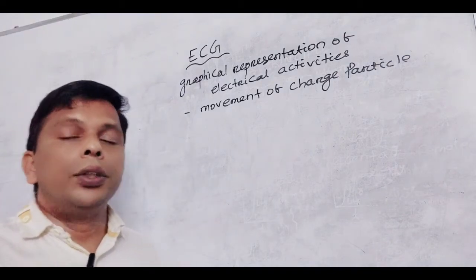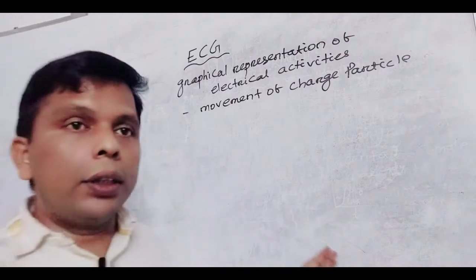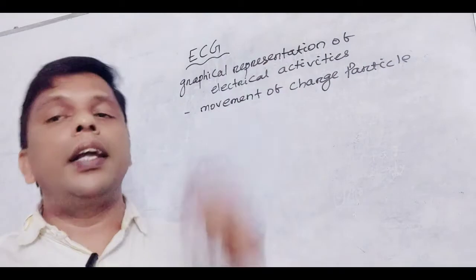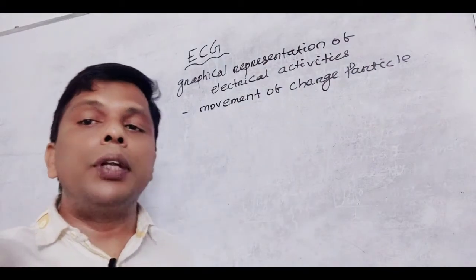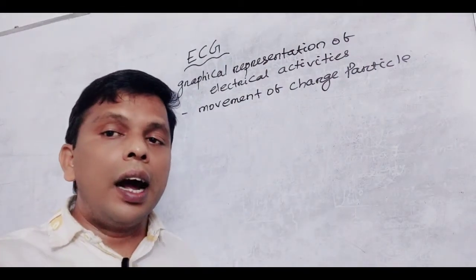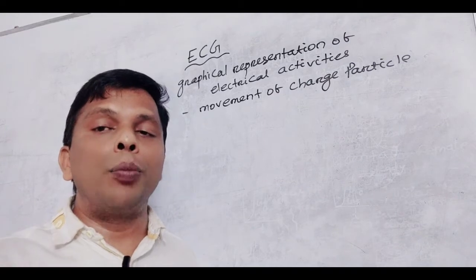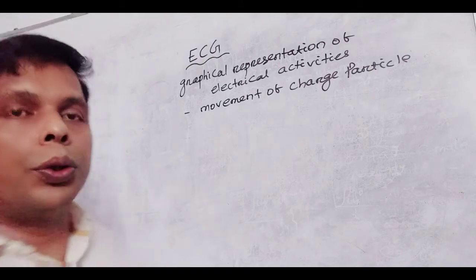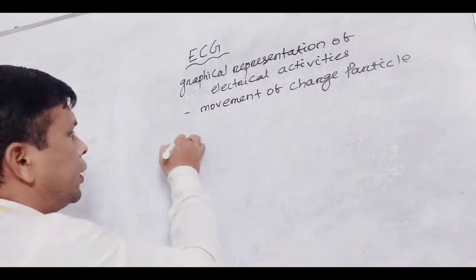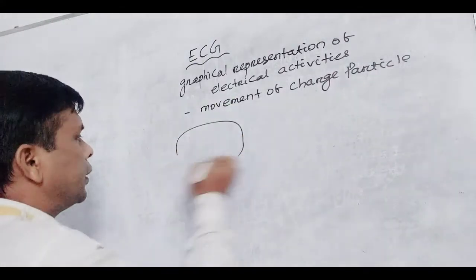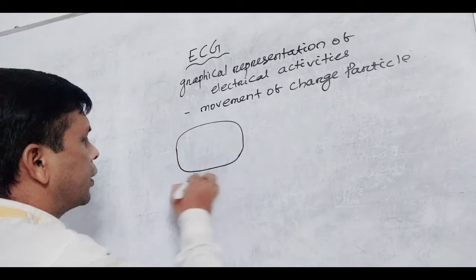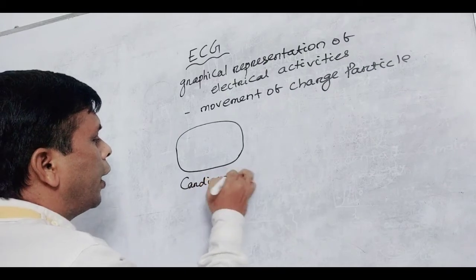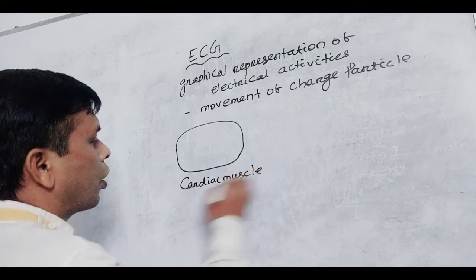So let's discuss first how the charges flow inside the cardiac cells, how the charges are generated and how they are converted into electrical signal. Suppose this is a cell, a cardiac muscle cell.